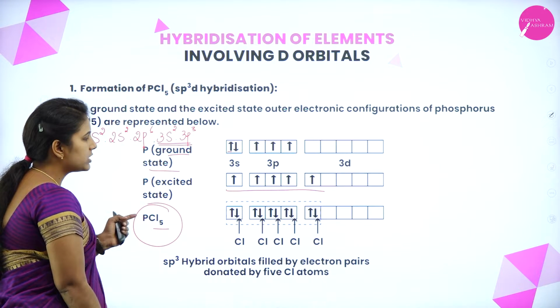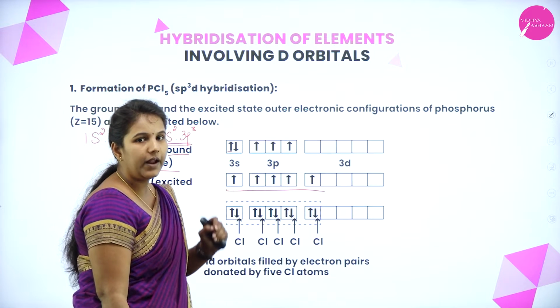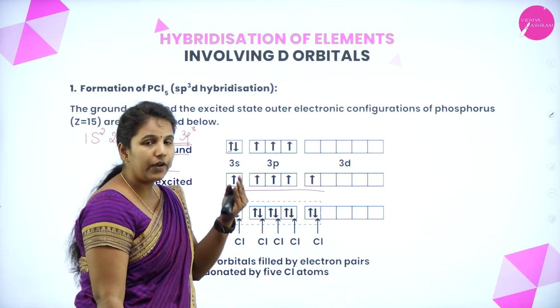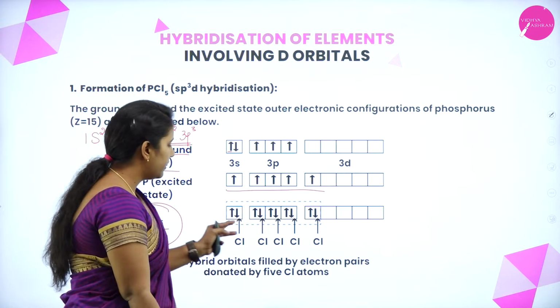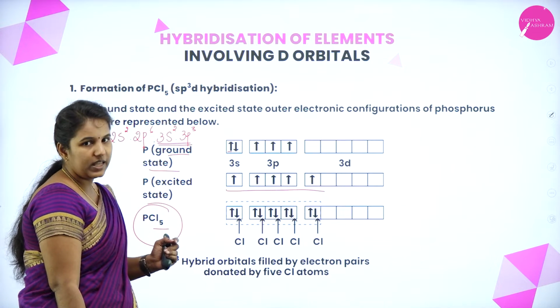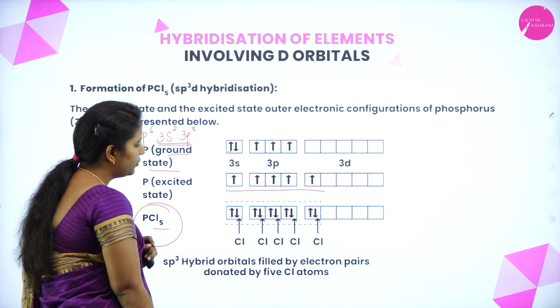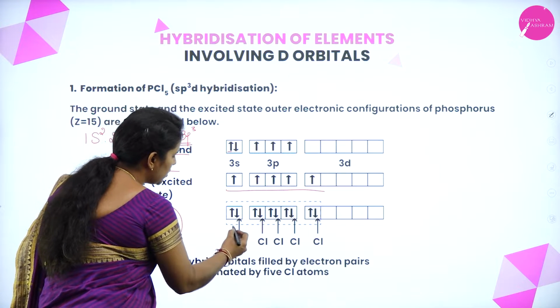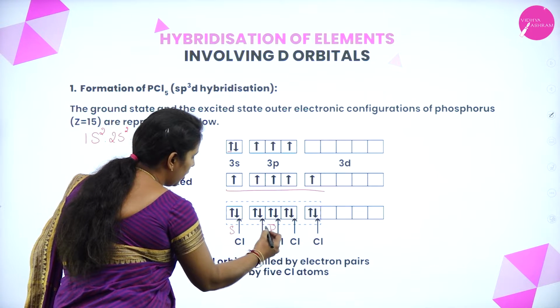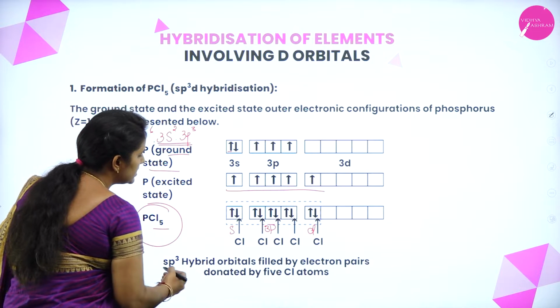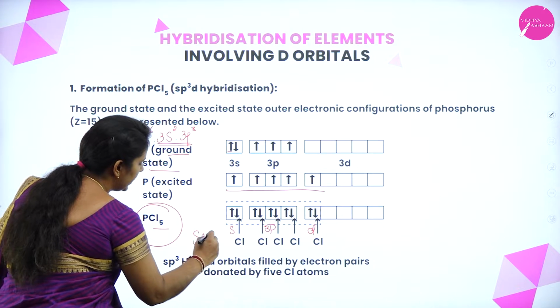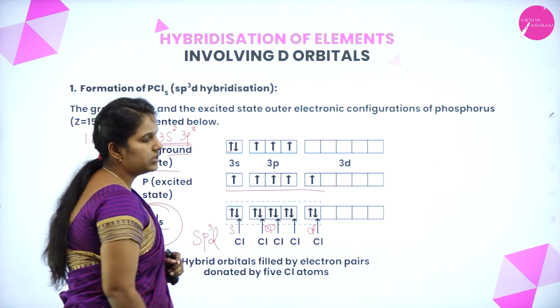So phosphorus has how many unpaired electrons? 5 unpaired electrons. Each of the 5 unpaired electrons has bonded with a single chlorine atom and results in the formation of PCl5. You can see that during this process there is one s orbital, three p orbitals, and one d orbital involved. Hence, this hybridization is named sp3d hybridization.